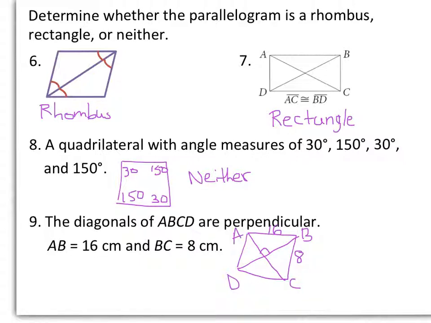Okay, well, it's not a rhombus because a rhombus has 4 congruent sides. Could be a rectangle, but we don't know about the other sides if they're congruent or not. Remember, in a rectangle, opposite sides are congruent. So again, we're going to say neither, just not enough information on that one. You know, it's a parallelogram, but we don't know if it would be a rectangle or not.